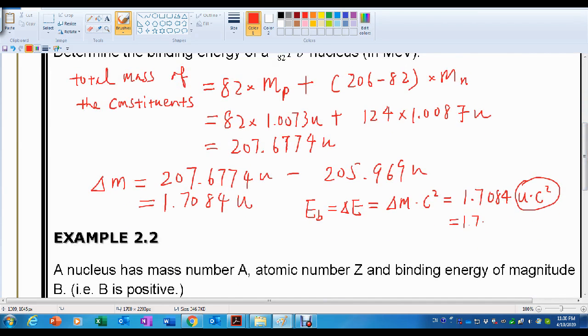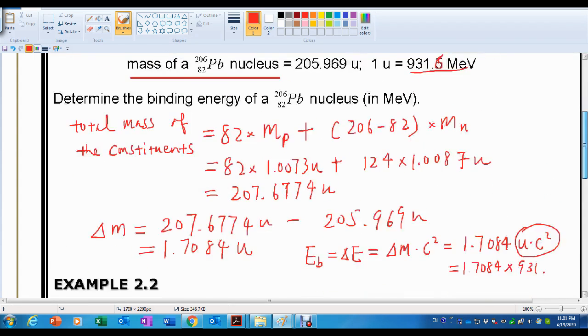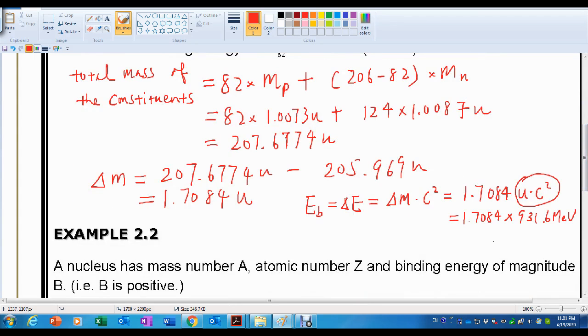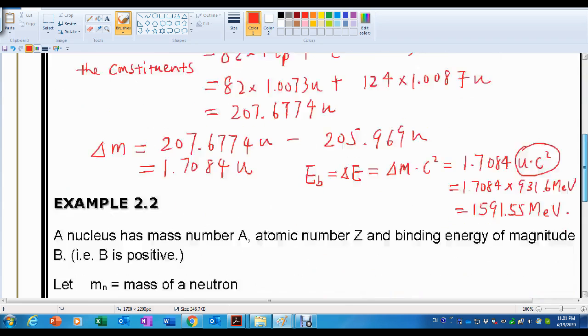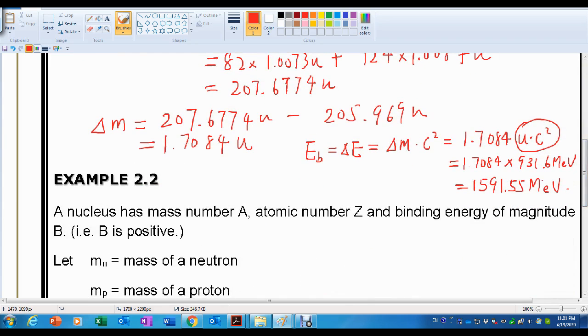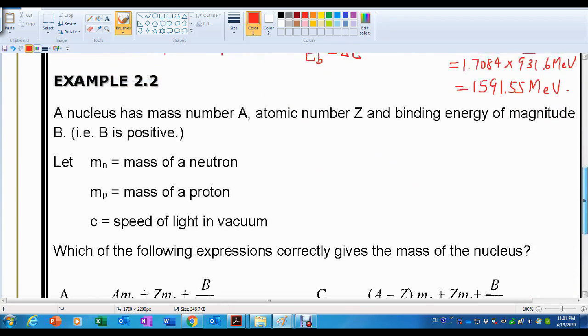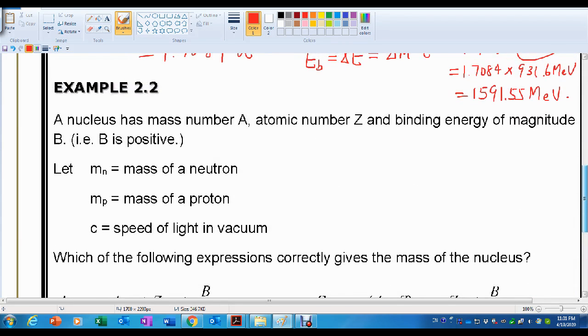So that's 1.704 times 931.6 mega electron volts. So that's what we get, and that's the binding energy. That energy means if you want to disassemble the whole nucleus, you need to apply at least that amount of energy to the nucleus.